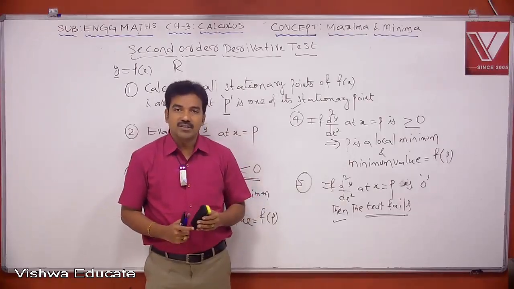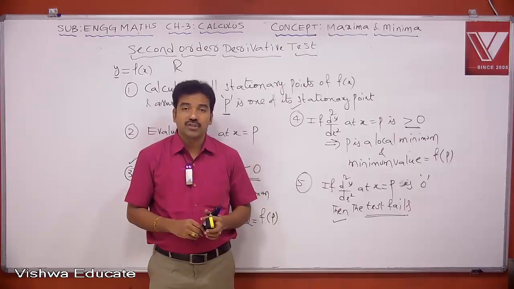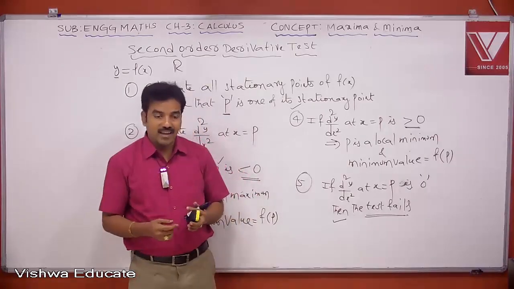Okay, so now let us discuss one simple way to get maximum and minimum values of a function if the domain is the closed interval a comma b.